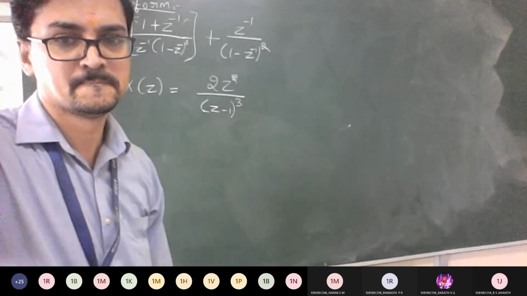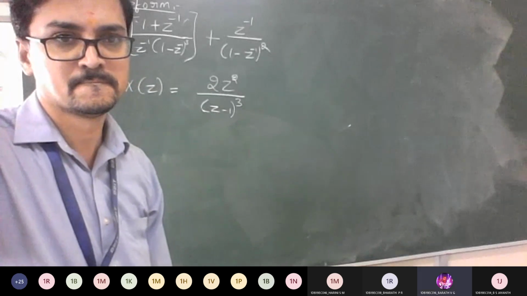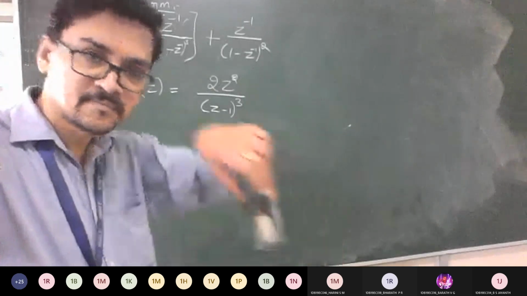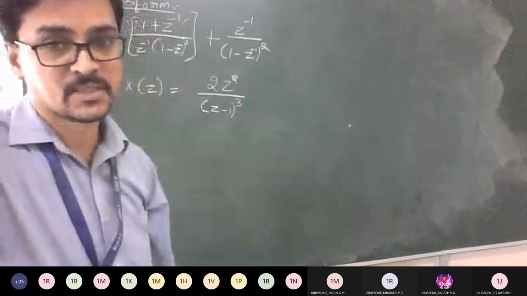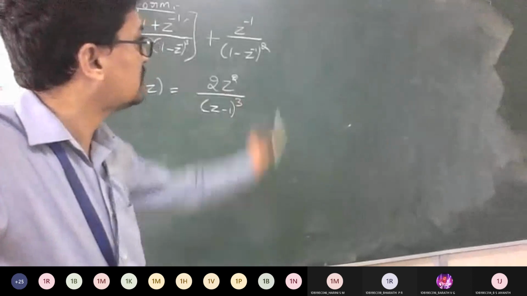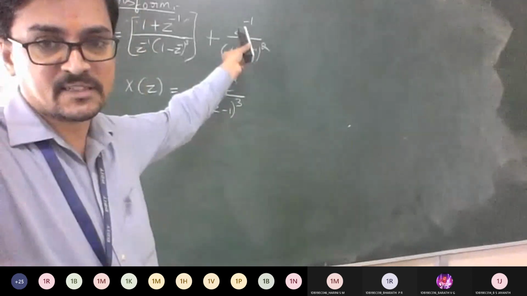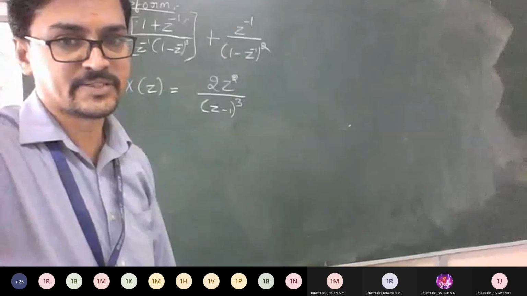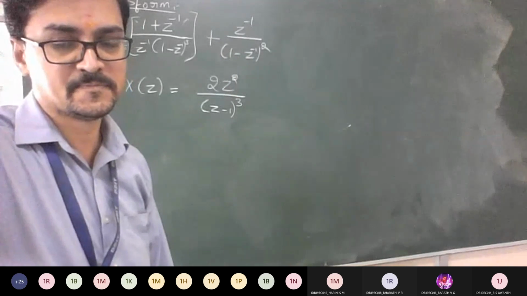Bharat? Anyone done? Check out the answer. What I told: just convert that inverse into the form of z, add it by taking LCM and check whether it is the answer.